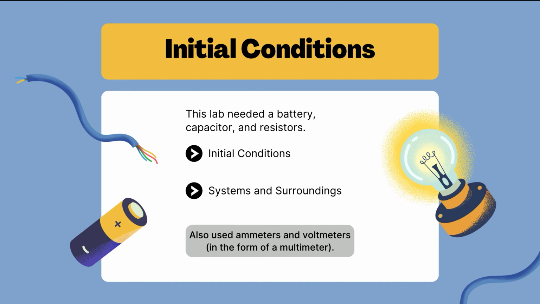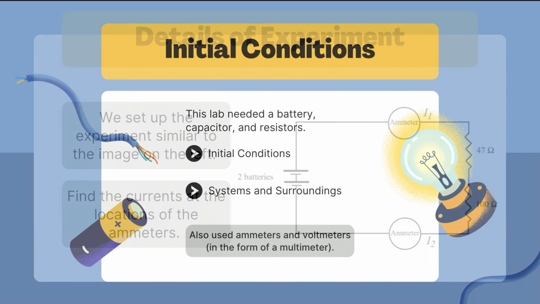In the first experiment, it was just the battery at 3 volts and the ammeters calibrated to our best attempt at 0. The details of the systems and surroundings were just a regular lab experiment. Nothing really could have impacted the lab too much because we weren't interacting with anything.